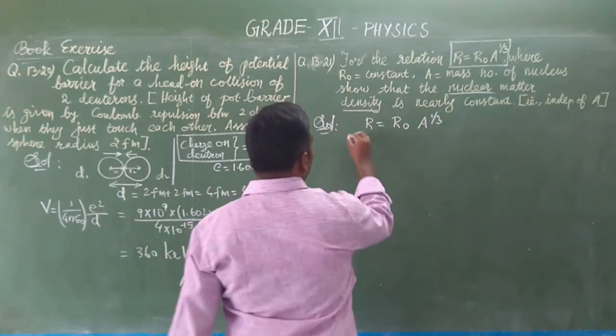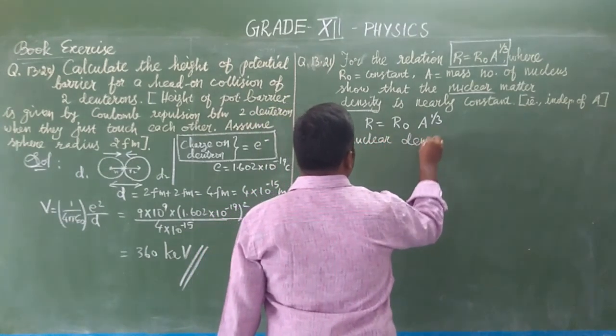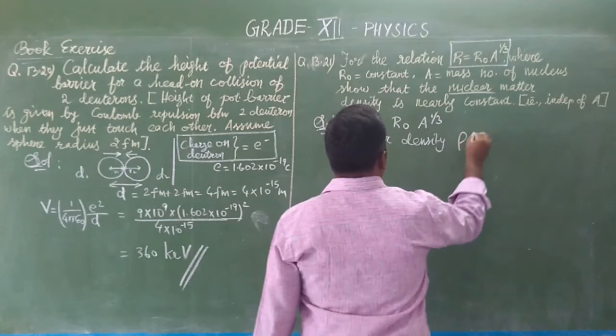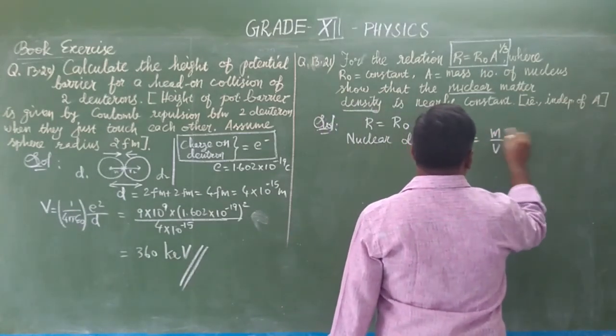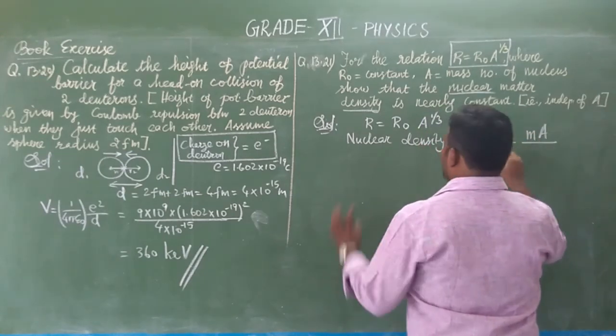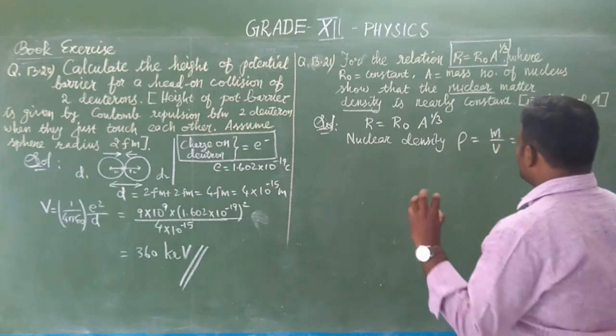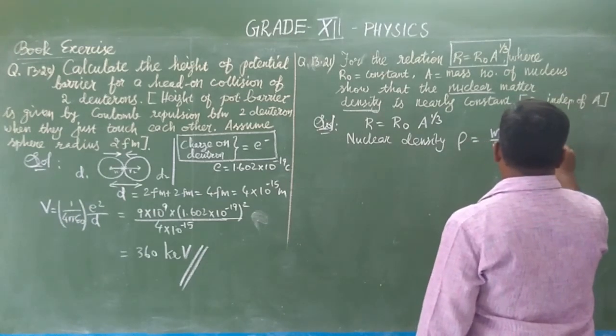Right. So the nuclear density rho is equal to nuclear mass by volume. Nuclear mass means the mass of the nucleus into its mass number, divided by volume. The nucleus is spherical in shape, no? So for a sphere, what is the volume formula? 4 by 3 pi r cube.